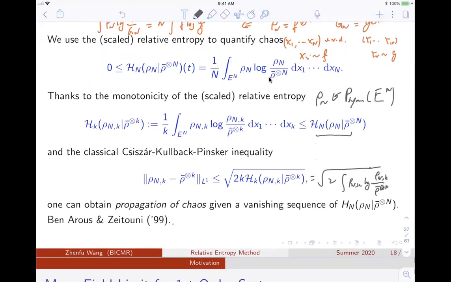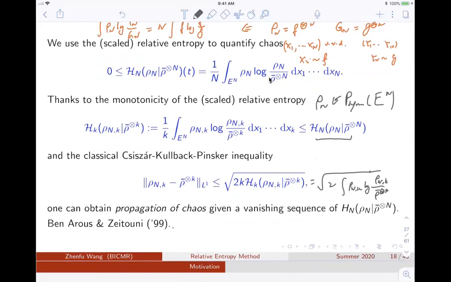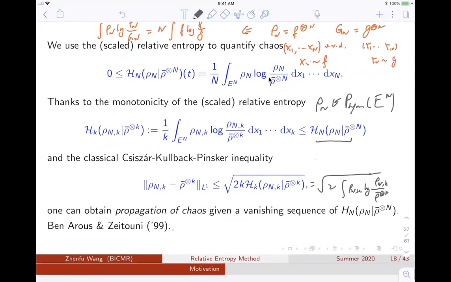So this is what we need. Let's just see one example. Maybe one more sentence: in 1999, Benoist and Zettoni used the same things to study a different problem.